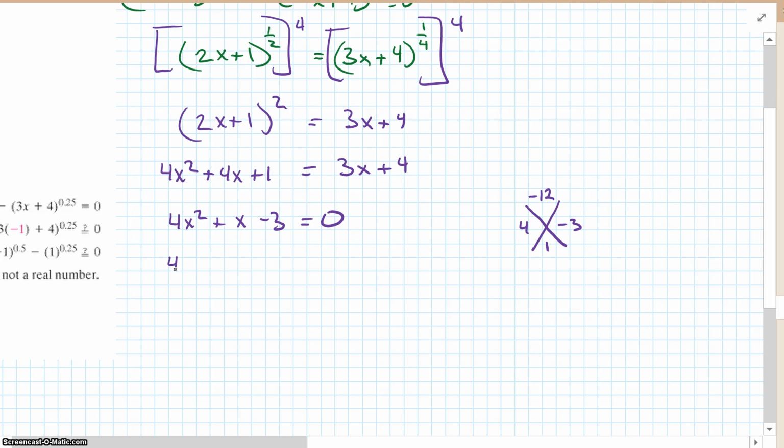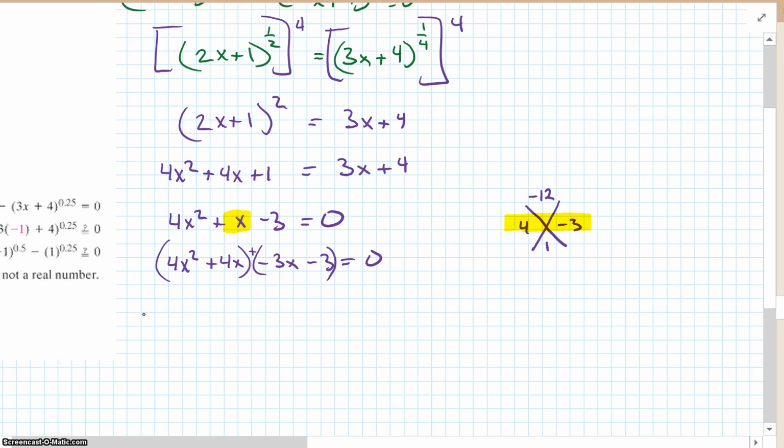So let's rewrite 4x squared. Remember, since my a value was not 1, I have to replace. So 4x squared plus 4x minus 3x minus 3 equals 0. So let's group these. Notice I put a plus sign in between the groupings because remember they're not products of each other.